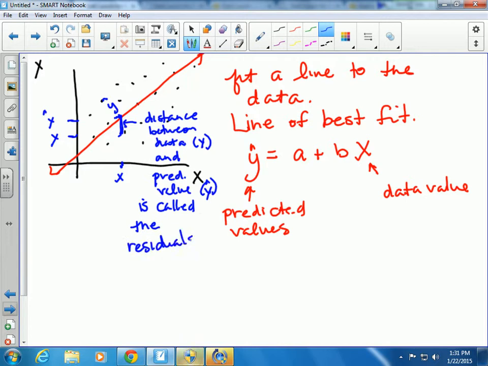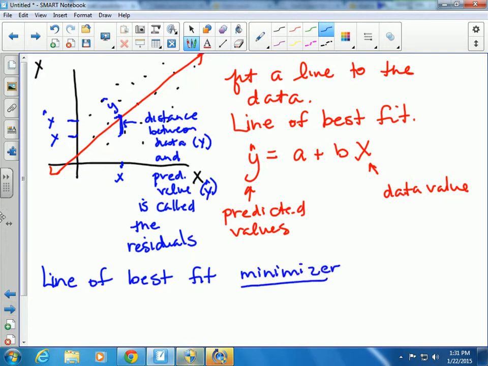So there's some crazy math behind what's going to happen here. But what we do is the line of best fit minimizes. That's a big word in math. We love to minimize stuff. Not minimizer, minimizes the residuals.